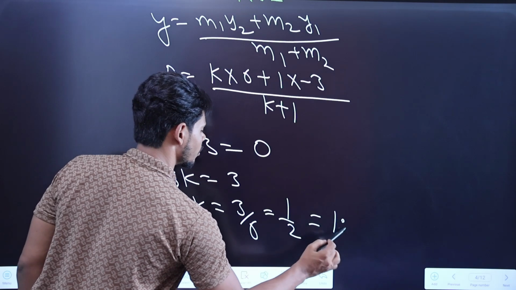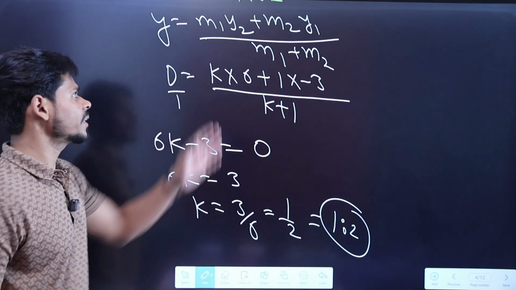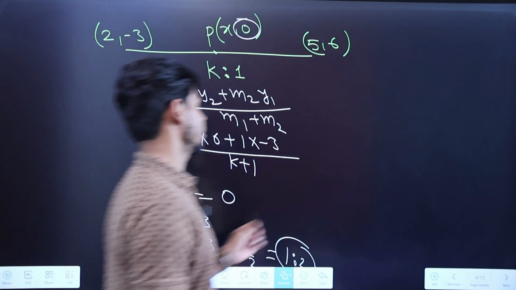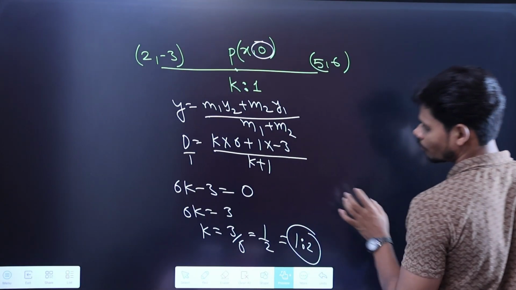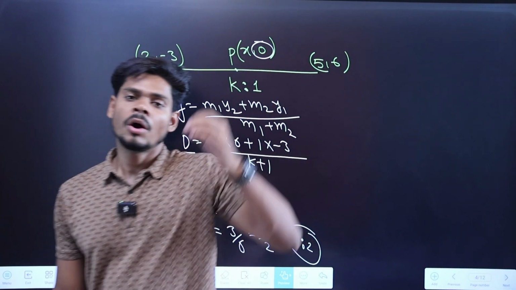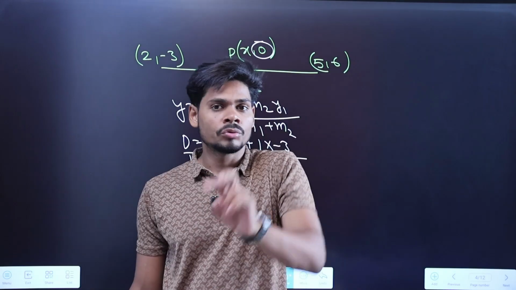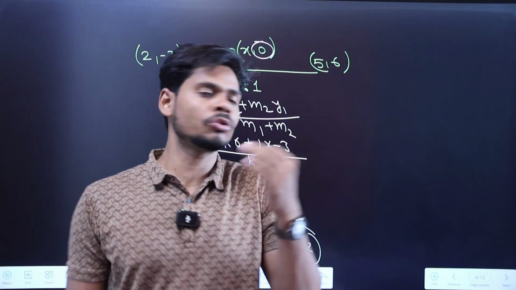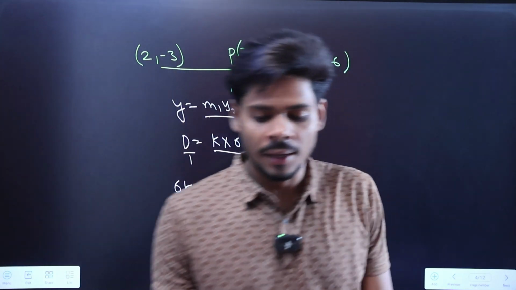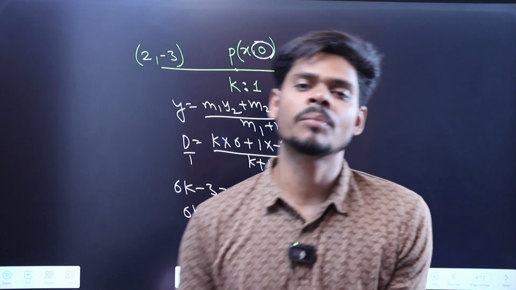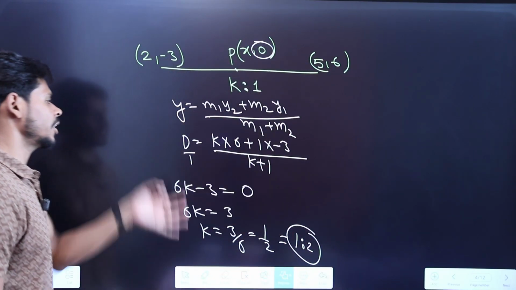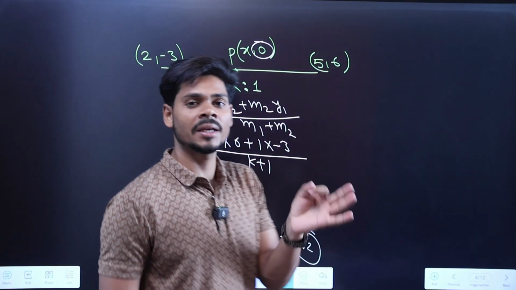So you will find that this method is a little bit easier than the first one, because this time we have only one variable, k, and we do not have to think about m1 upon m2, two variables together. That's the correct way, and most of the books have used this method. So always try to use this method to find the ratio.